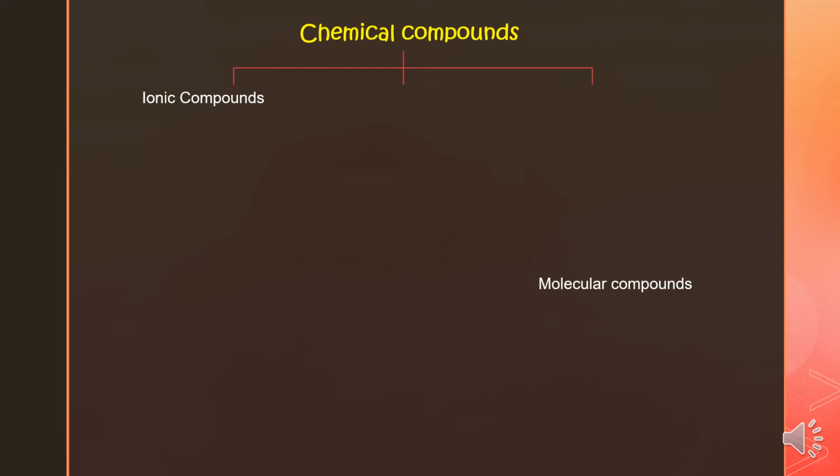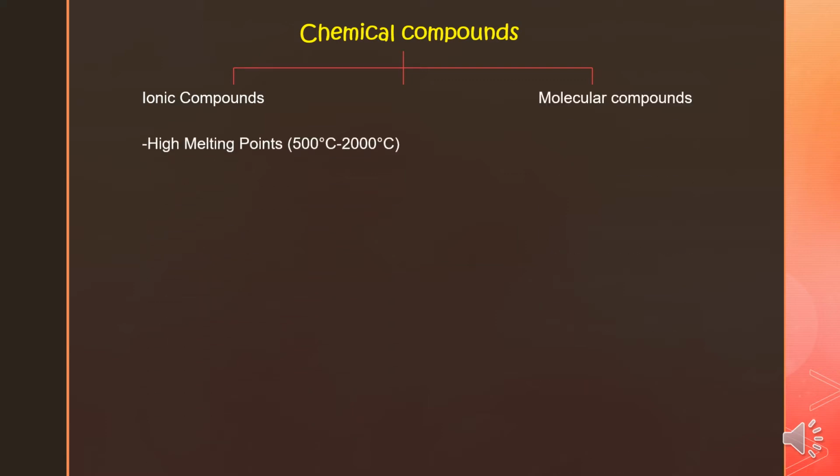Ionic compounds tend to have high melting points, around 500 degrees Celsius to 2000 degrees Celsius, and they are good conductors of electricity when they are in a molten or liquid state or in a solution. In the succeeding lessons, we will know why they have these properties.